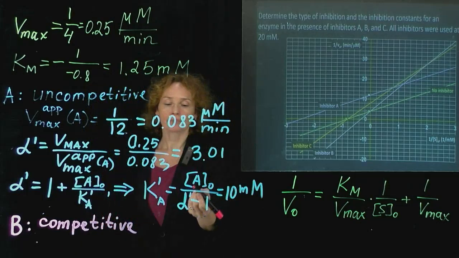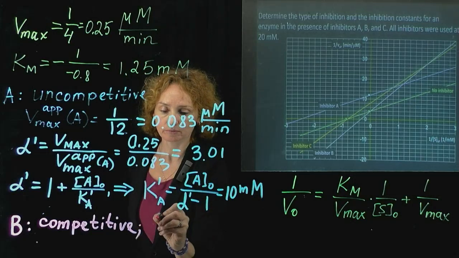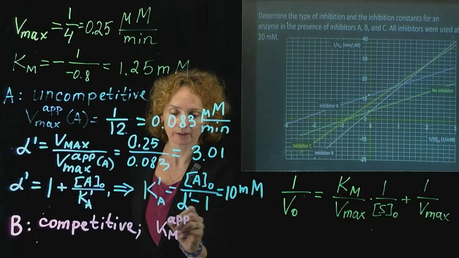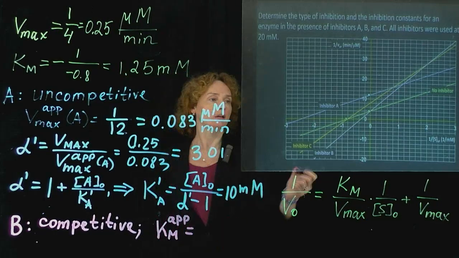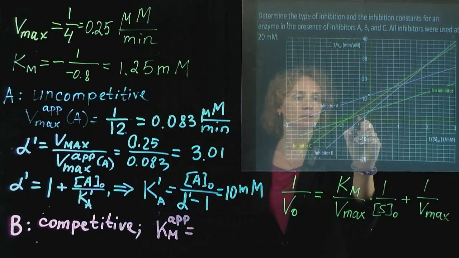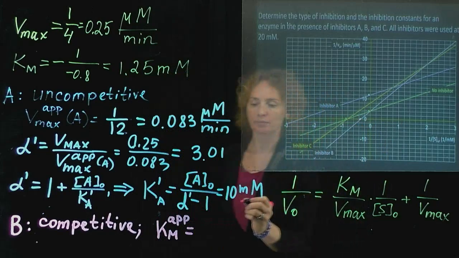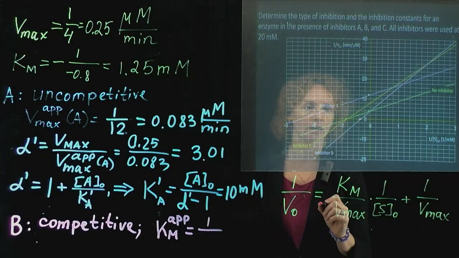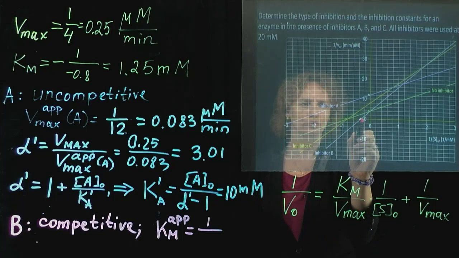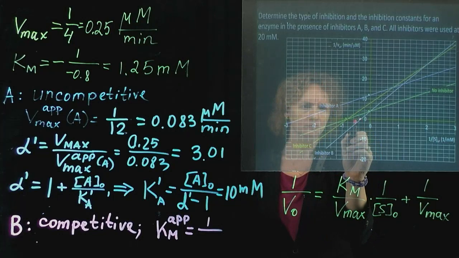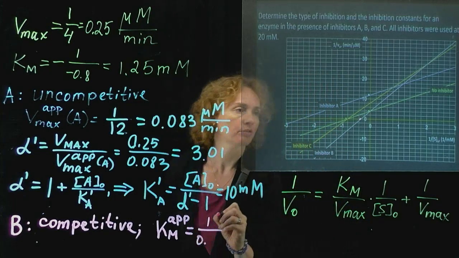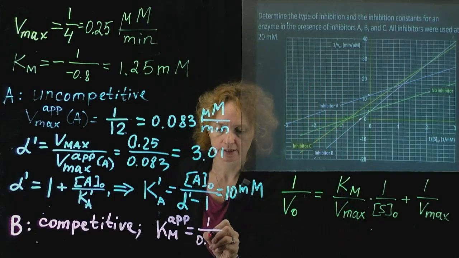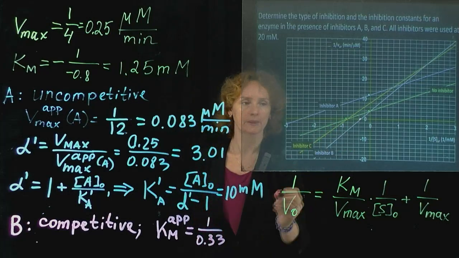So we can calculate the apparent Michaelis-Menten constant, again by analyzing the plot and calculating the x-intercept. It will be 1 over 0.4, so it will be about 0.33, right? About so.